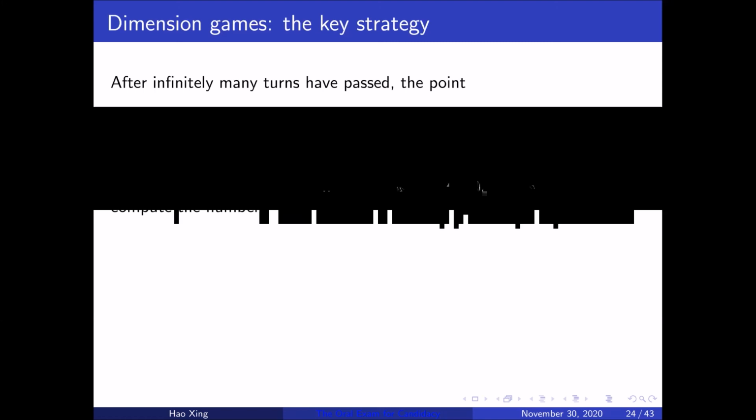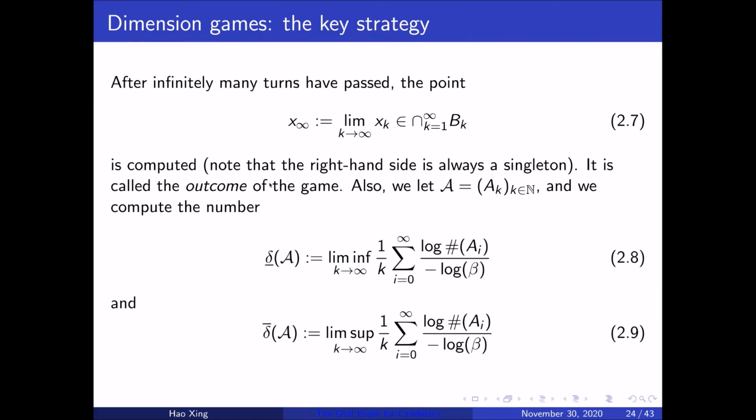We consider the sequence of sets, and we compute the following two numbers. This lower delta is the lim-inf of the sum of the logarithm of the number of elements in A i divided by the negative log beta. And this upper delta is the lim-sup of that.